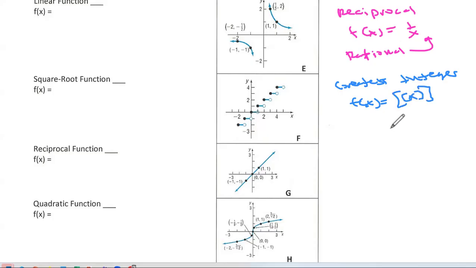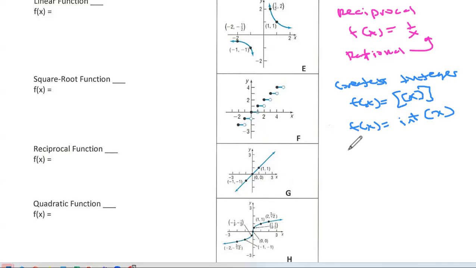So that's the greatest integer function. Sometimes you might also see it like this, int, and then with the brackets there. Actually, it doesn't have to be brackets, it can be parentheses. So when you see that, that's the greatest integer function, and that is capital F there.